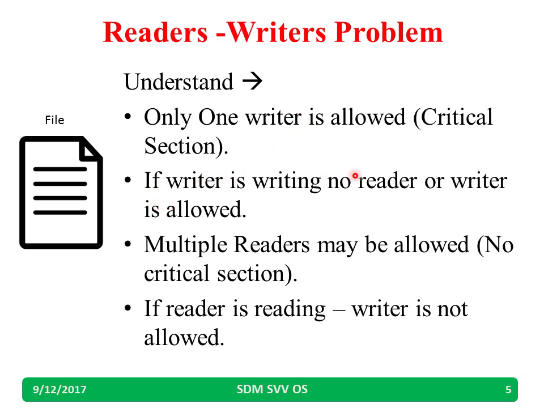If a writer is writing, no reader or writer is allowed. Multiple readers may be allowed. There is no critical section for them because two persons can read without affecting each other. If a reader is reading, a writer is not allowed. This is what we expect from our program. We should fulfill this, so read it once again and try to understand.